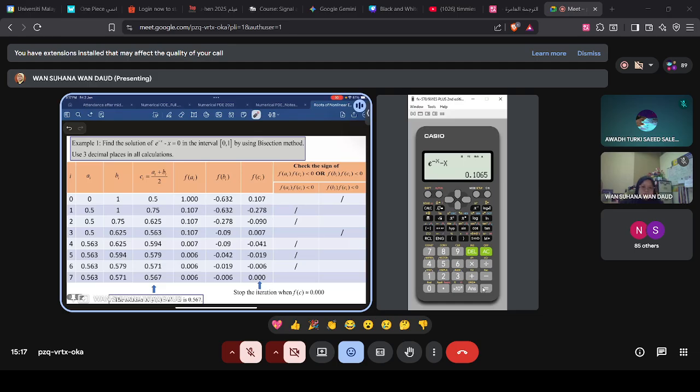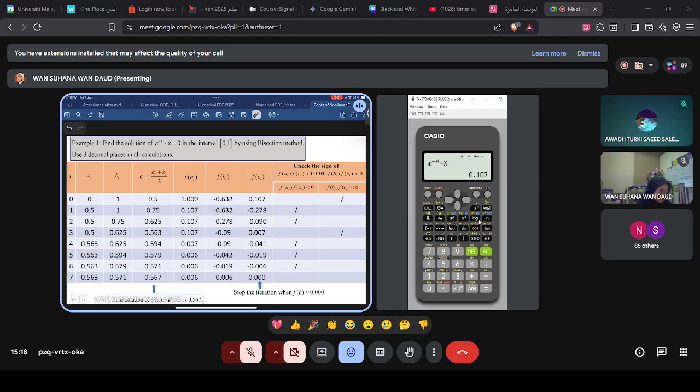Let me change the decimal points. Let's say we want to use 3. Now I have negative 0.107. You need to continue the bisection calculation.